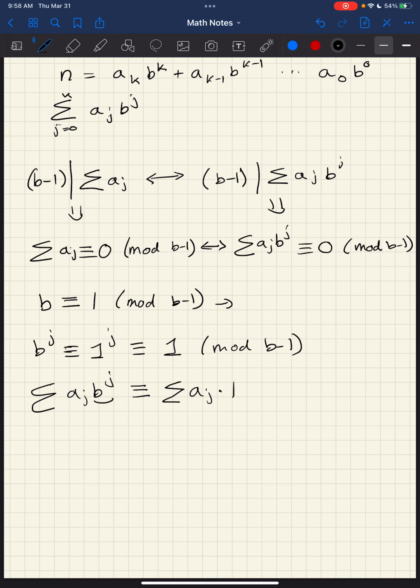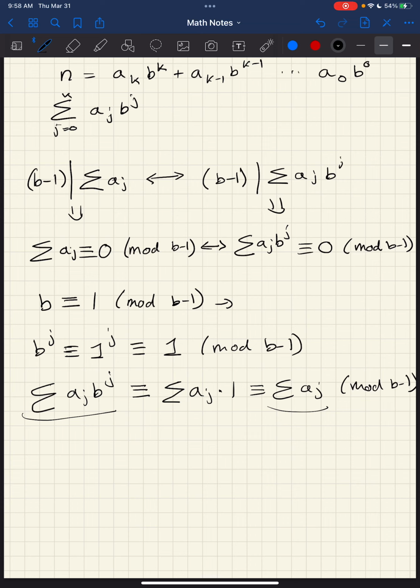Because we can substitute 1 for this, and that will be congruent to the sum of the digits in mod b minus 1. And here we prove that in mod b minus 1, the number is congruent to the sum of the digits.